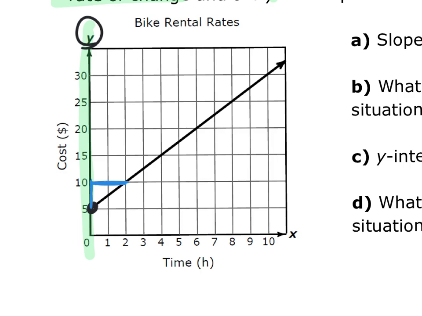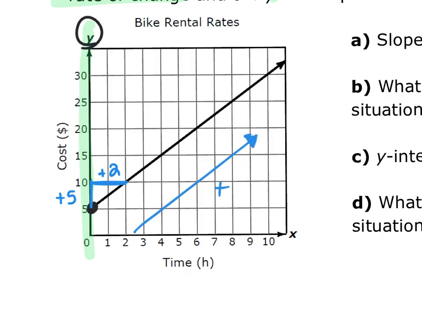When you're working with a real world scenario, you have to pay close attention to the intervals of your axes. And in this case, my y-axis is counting by 5s. 0, 5, 10, 15, 20. So I went up 5. And then I went over 2. And in both cases, I have a positive value here. And we can affirm that by looking at our line and seeing as we go from left to right, it's going up.